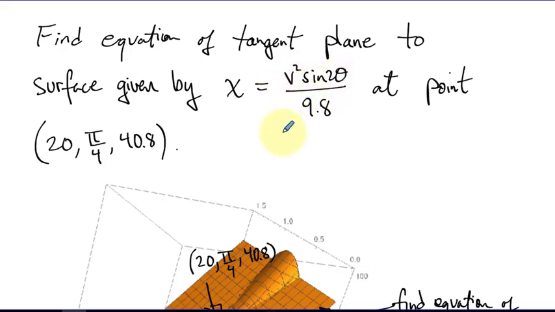It actually gives me the range of a projectile with initial speed or velocity v and initial launch angle theta when it's launched from the ground. How far will it go? So I'm going to take this coordinate system as here is a value for the velocity. This is a value for the initial launch angle, and this is the output of the function, which is the range of the projectile.